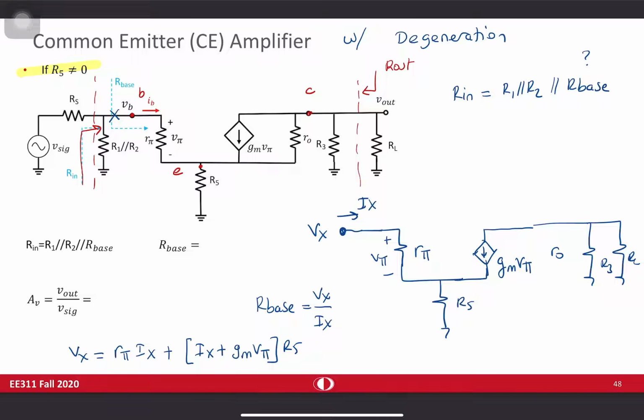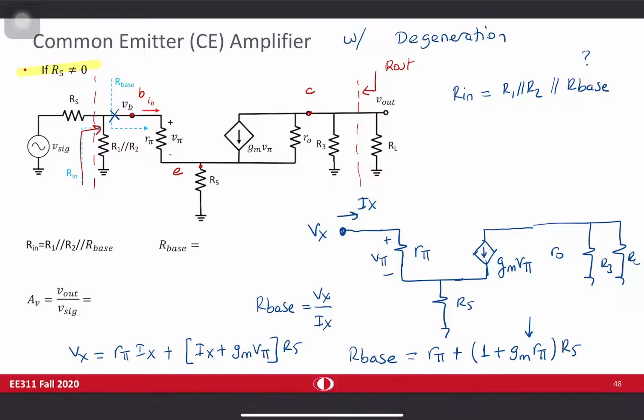If you put V pi in here, eventually what you will find is R base equal to R pi plus 1 plus Gm R pi times R5.